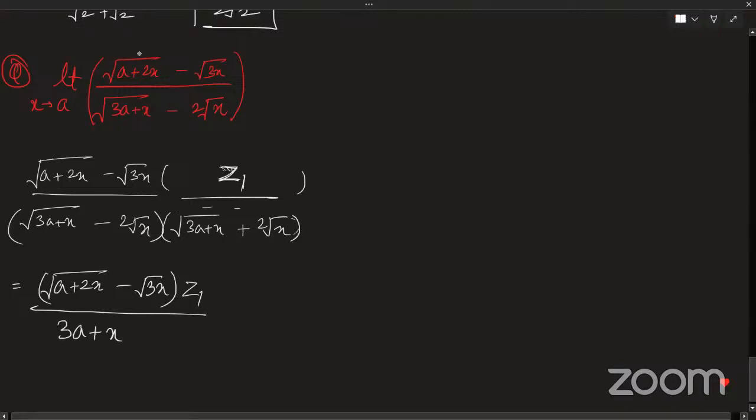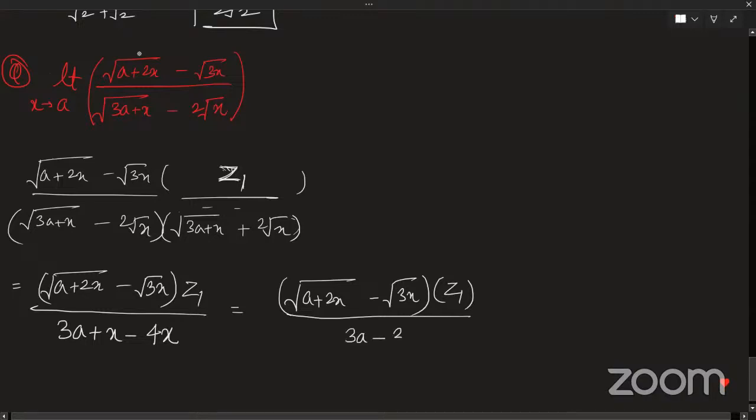And b square is 4x. So it has changed to square root of a plus 2x minus square root 3x into Z1, whole divided by 3a minus 3x, right?